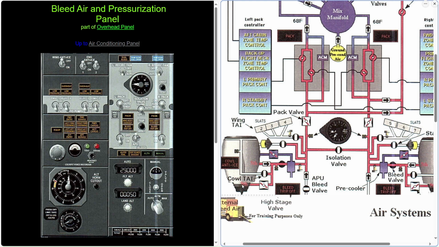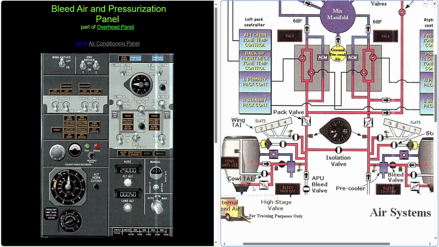So right down here, we see the APU bleed valve like we had before in the diagram coming up and going to the starter valve right here and connecting to the isolation valve here that goes to the other side for the starter valve over here. Also, we can see the pre-cooled air and the isolation valve, so the air can move from side to side.